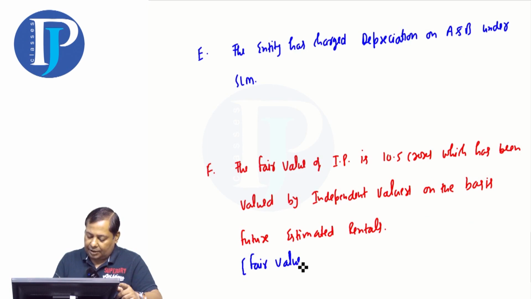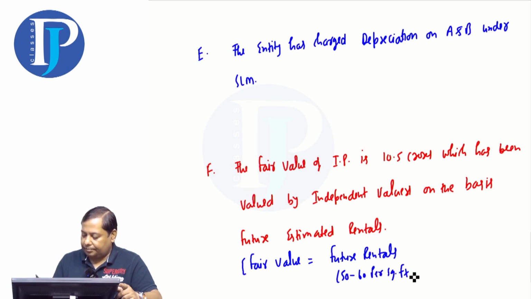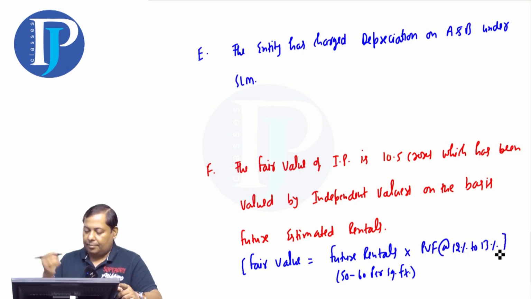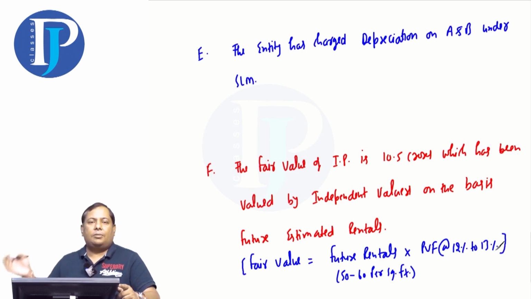They've calculated fair value. Future rentals 50 to 60 rupees per square feet. PV factors at the rate of 12 to 13%. So we have created the complete disclosure report, and this is your working.